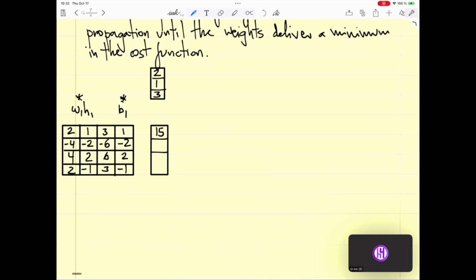Yeah, 15. Then 2 times minus 4 plus 1 times minus 2 plus 3 times minus 6: minus 2, minus 8, minus 2 is minus 10, plus minus 18 is minus 28, minus 30.